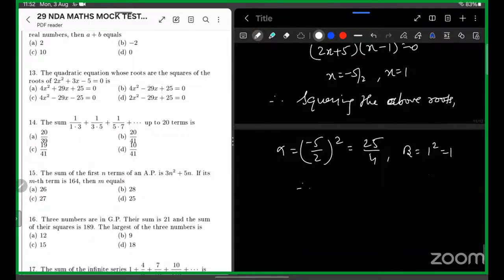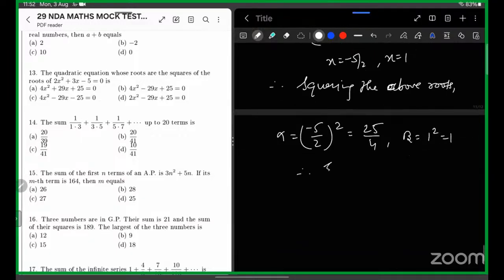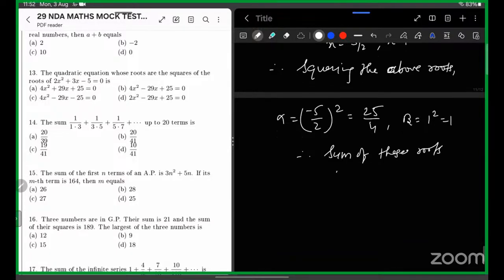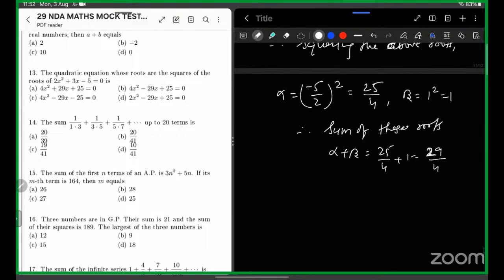Therefore, for the equation, try to find out the sum of these roots. Alpha plus beta equal to 25 by 4 plus 1, that is 29 by 4. Product.